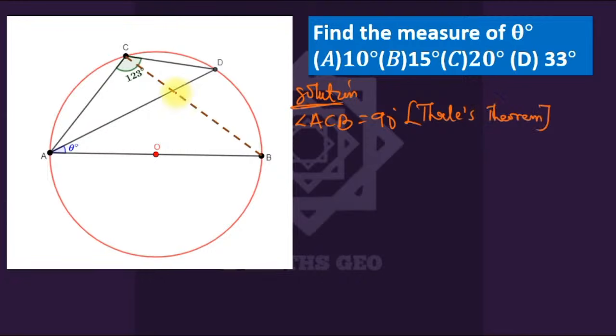And since this is 90, angle BCD will now be 123 minus 90, which is 33 degrees. And since we know angle BCD, this is an intercepted arc.